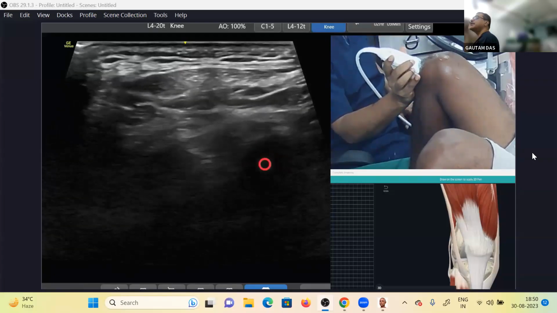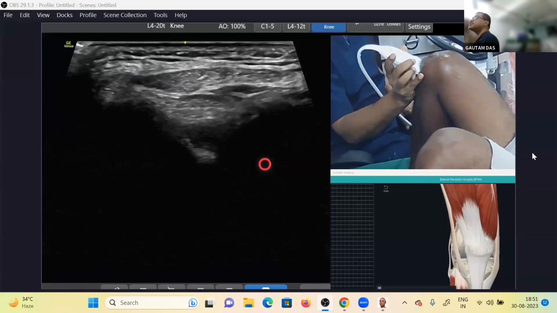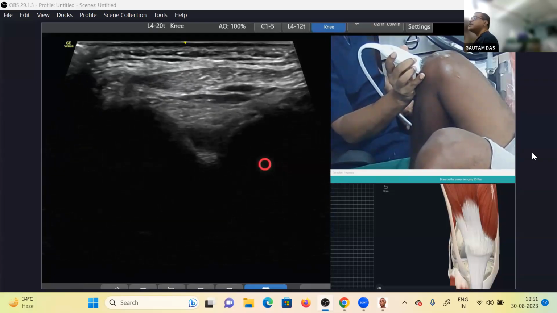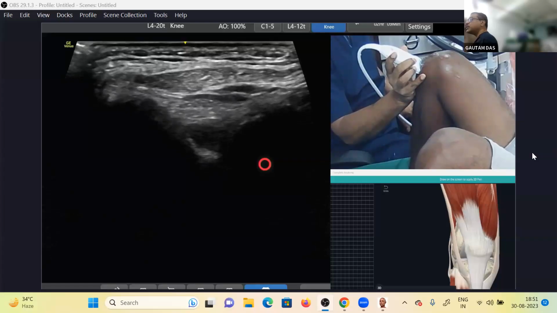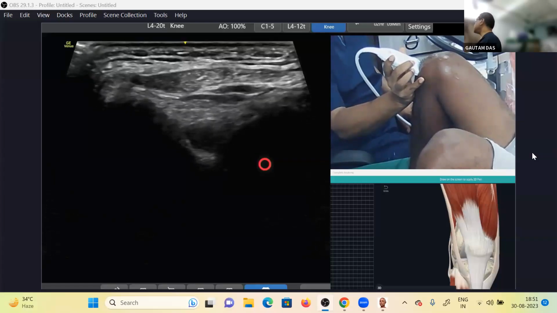Okay, everybody understood it? So you should search for this V. In this V is the middle part of the tibial plateau, from where it is originating, below the transverse meniscal ligament.